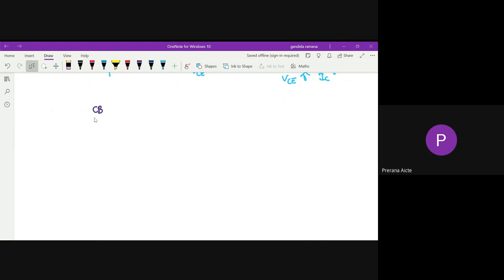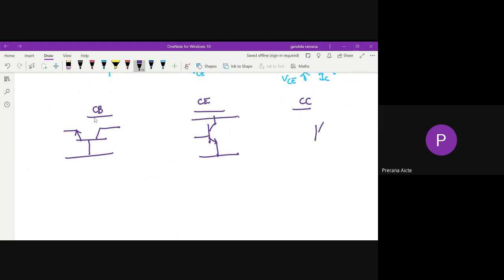We know very well about the CB configuration. So this is the CB configuration, this one is the CE configuration, and this is the CC configuration.